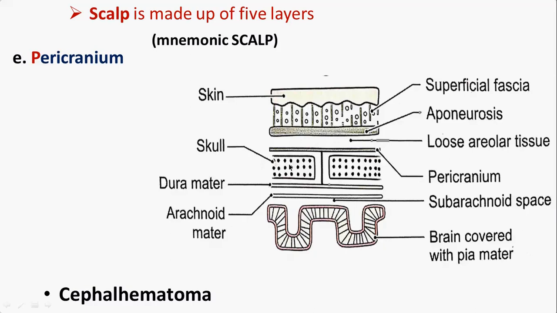This is attached to the skull bone. If blood accumulates here, this condition is called cephalhematoma. If the blood is accumulated in this region, it will take the shape of that bone.